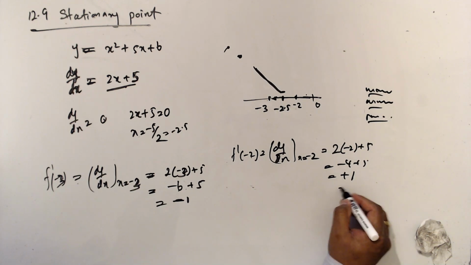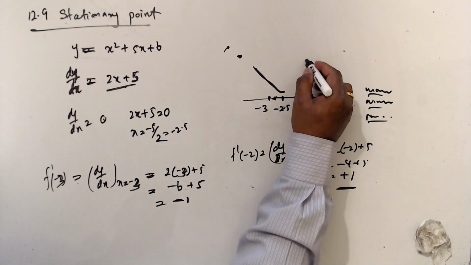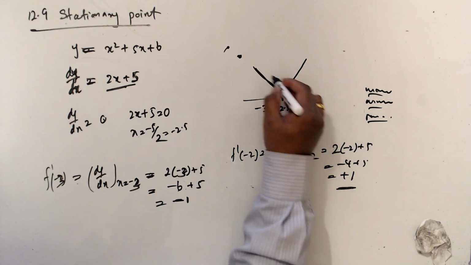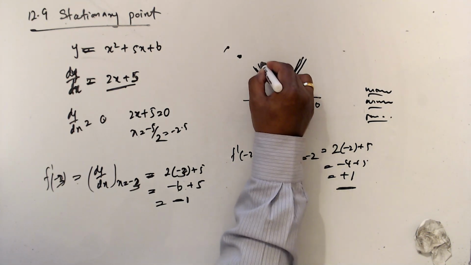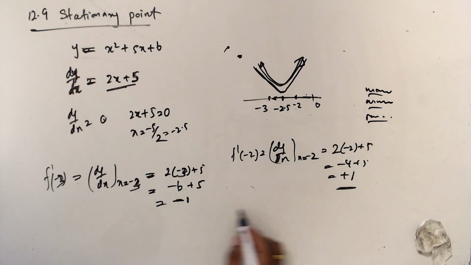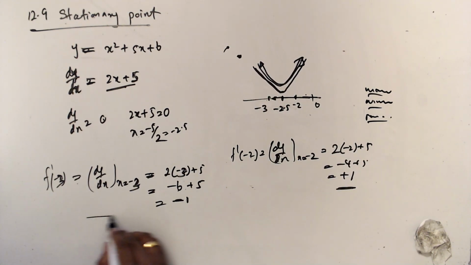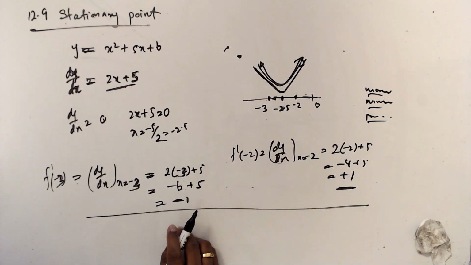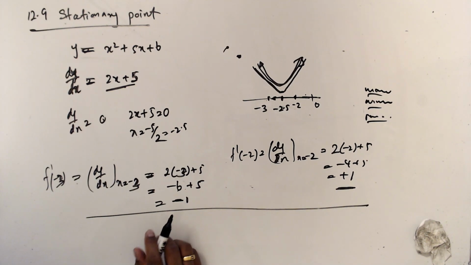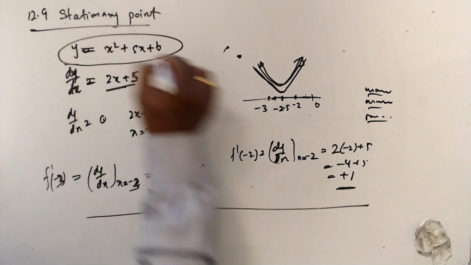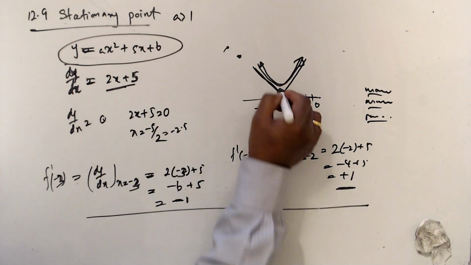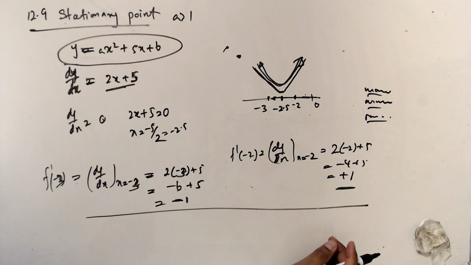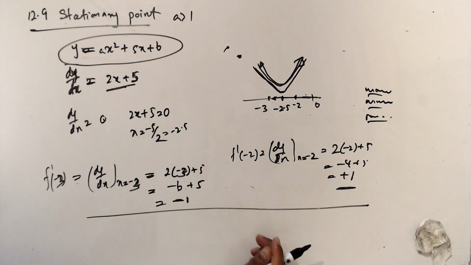So it is positive. It means the gradient is positive. Now what shape is this? It is a minimum. So you will explain that this is a minimum by doing this testing. Actually, you know this is a quadratic equation, right? So if a is greater than 0, you should have a minimum. But we check this one separately.